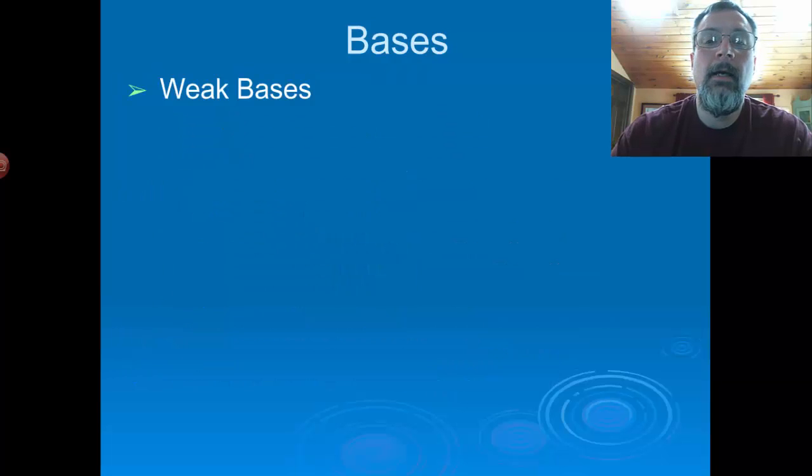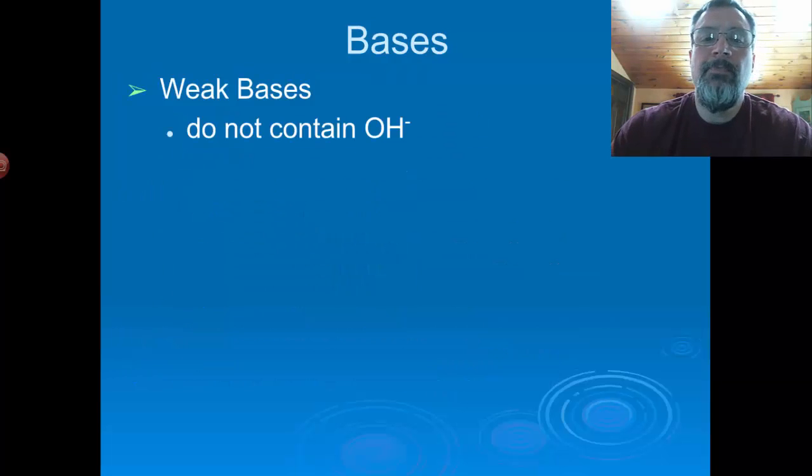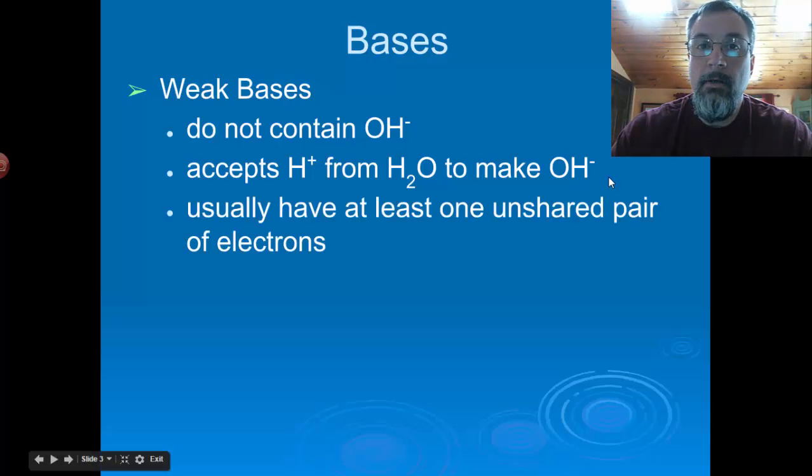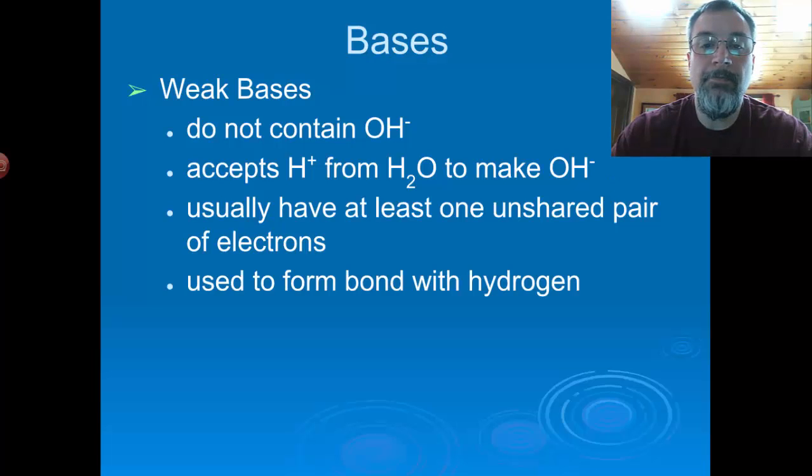Okay. For weak bases, they don't contain hydroxide. They do accept H plus to make OH minus from water, right? So we can still calculate the concentration of OH minus, and then from there calculate the concentration of H plus and find the pH, right? Bases usually have an unshared pair of electrons. We'll see later on that that's part of the Lewis definition for bases, okay?